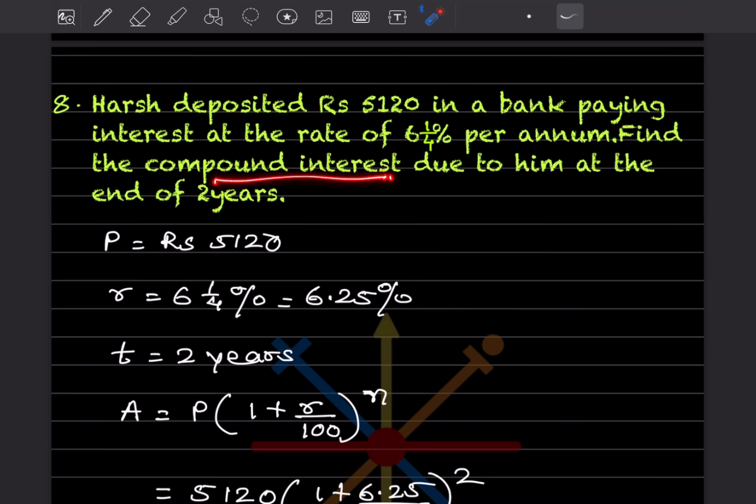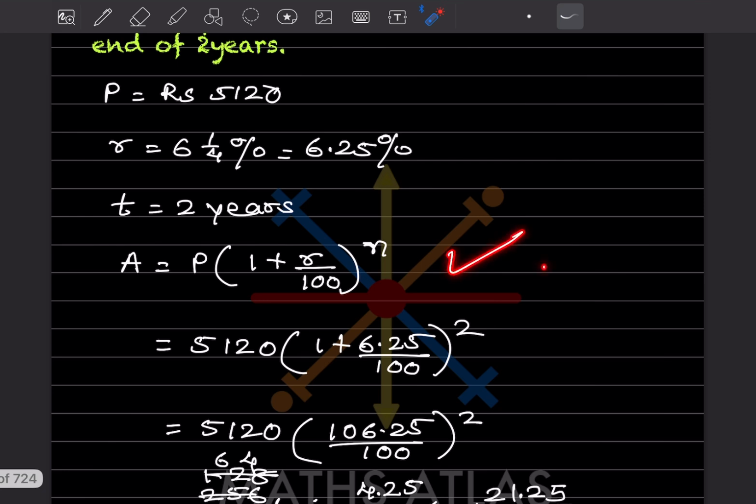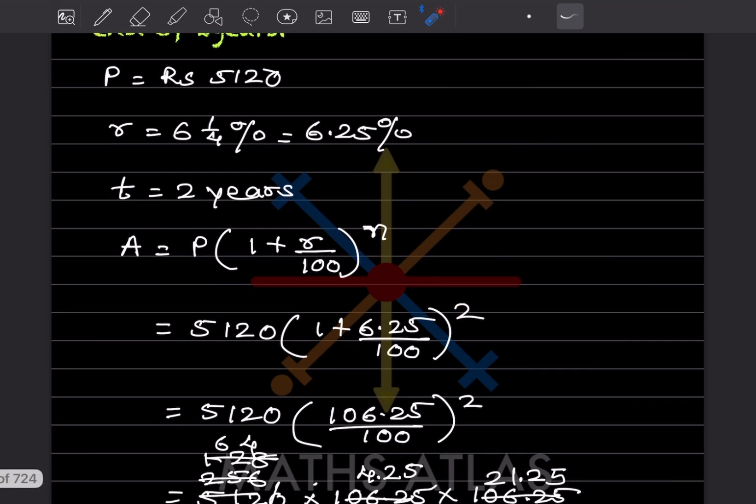So for finding out the compound interest, first we have to find out the amount. So this is the formula which you have to remember. So the principal is 5120, one as it is. This is 6.25 divided by 100, and this n, that is the number of years, which is 2.